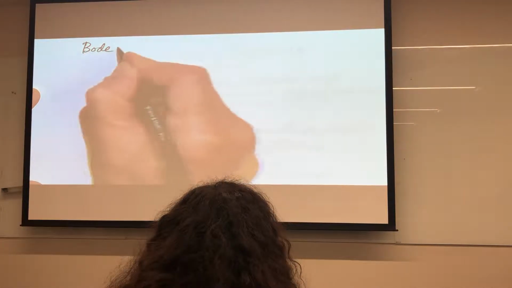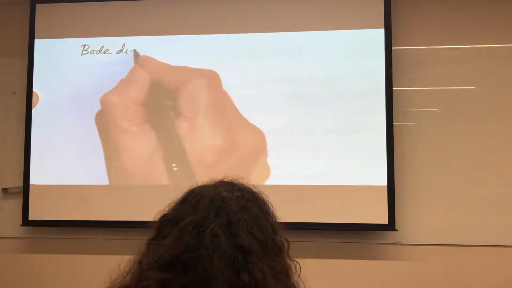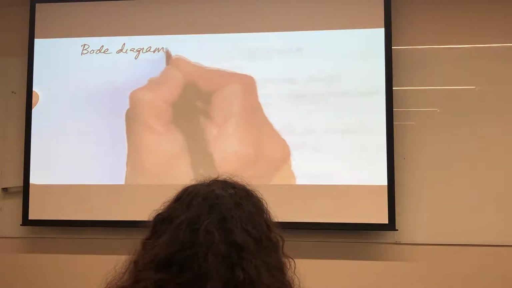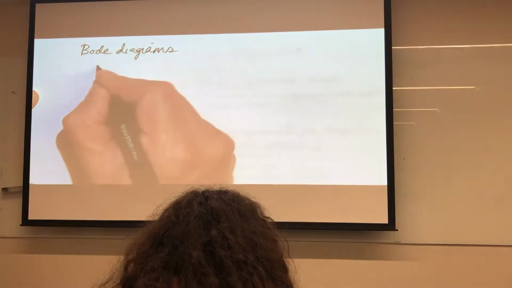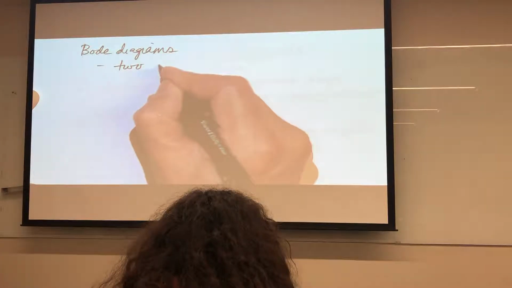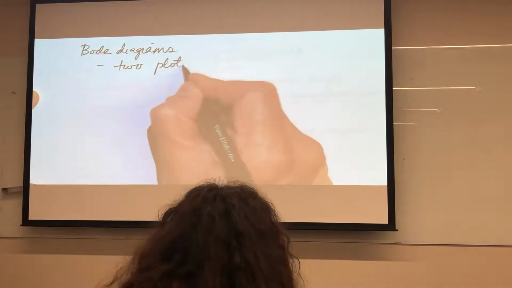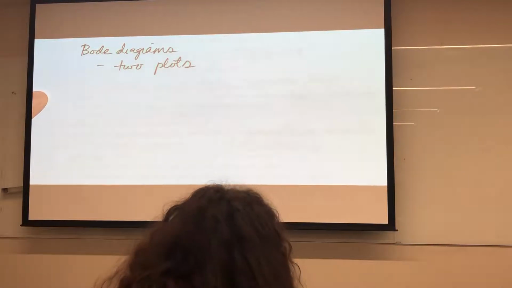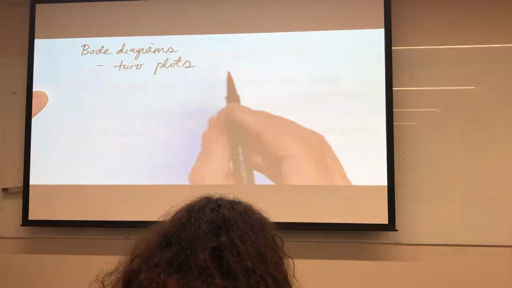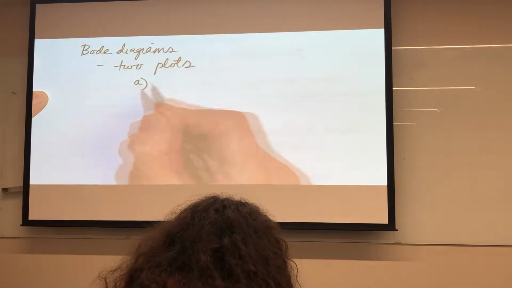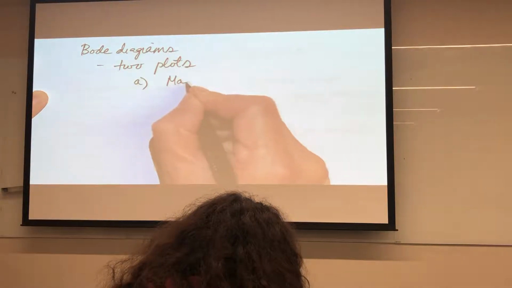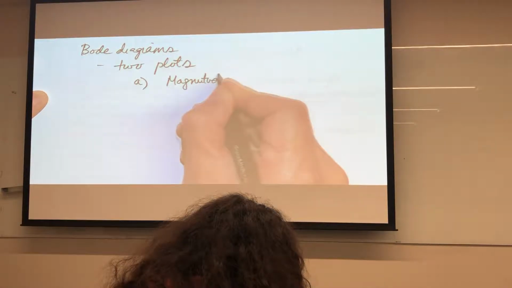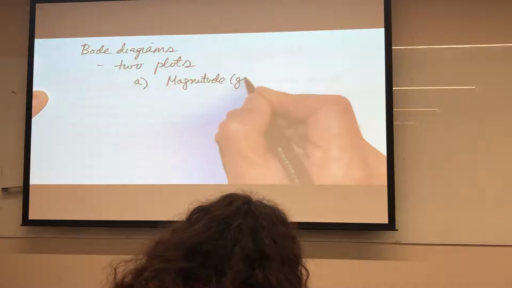So the Bode diagram is basically two charts. They're basically two plots. One of the plots is going to be the magnitude of the system. Sometimes people call it the gain of the system.